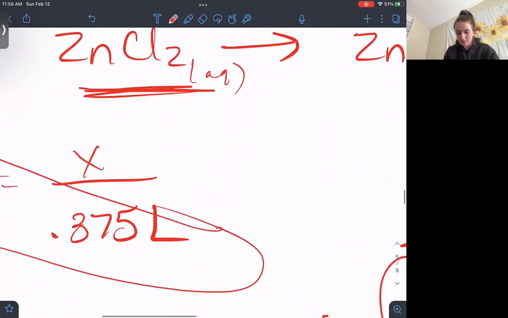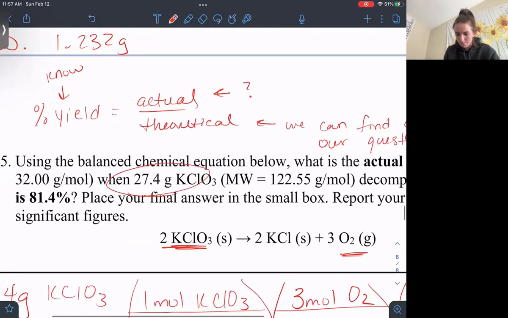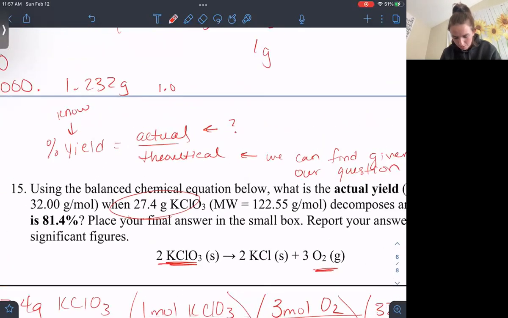So if we had something like 1.0482, this would have 5 sig figs, because when we go this way, our first one that we get to is a non-zero, and so that's going to count. Does that make sense?